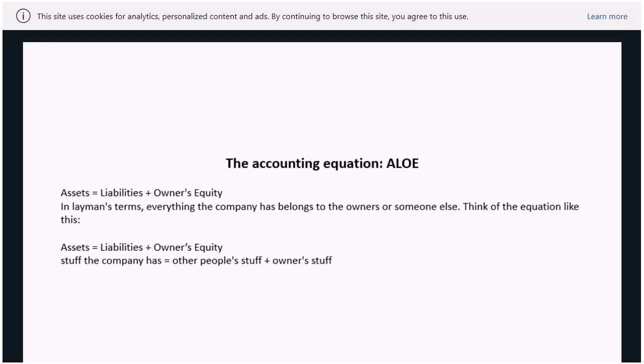But underpinning everything, which I don't think is in the learning, is this accounting equation: assets equal liabilities plus owner's equity. As I put there, everything the company has belongs to the owners or someone else. So you can think of it as stuff the company has, plus other people's stuff, plus the owner's stuff.